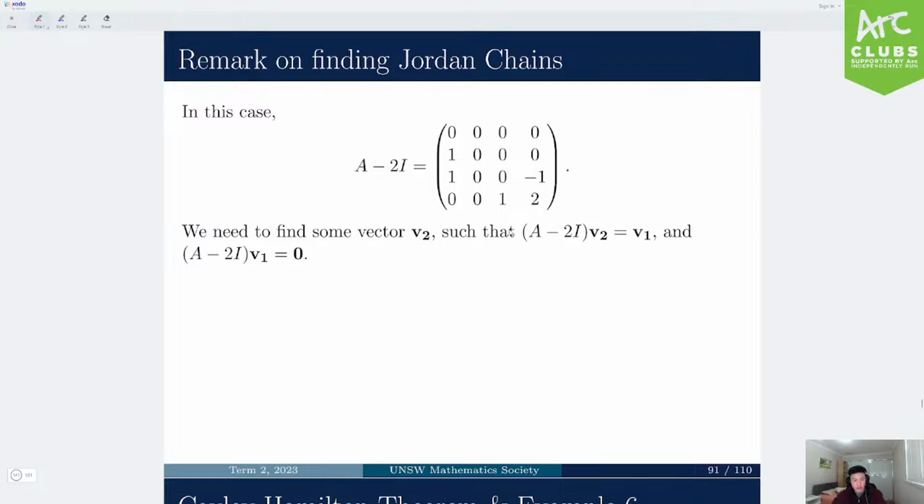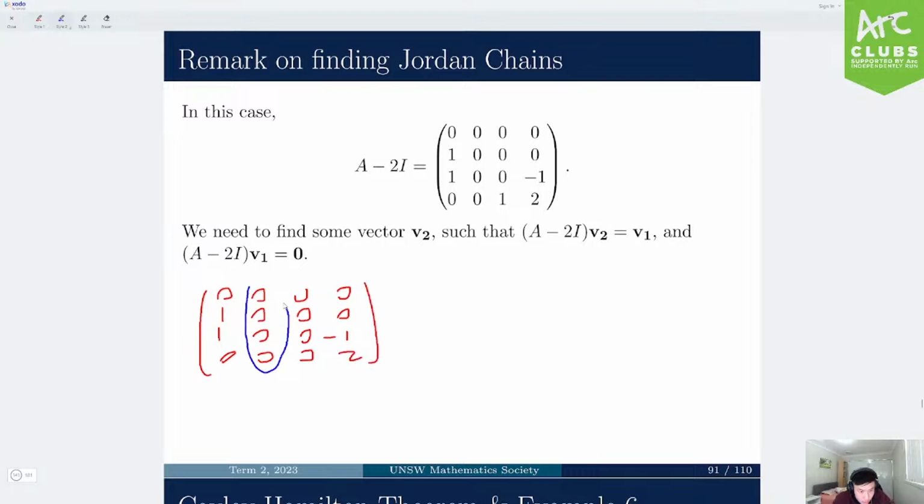The thing that you want to spot here is what A minus 2I is. Let me just rewrite this here. The thing you want to spot is that the second column is actually all zeros.